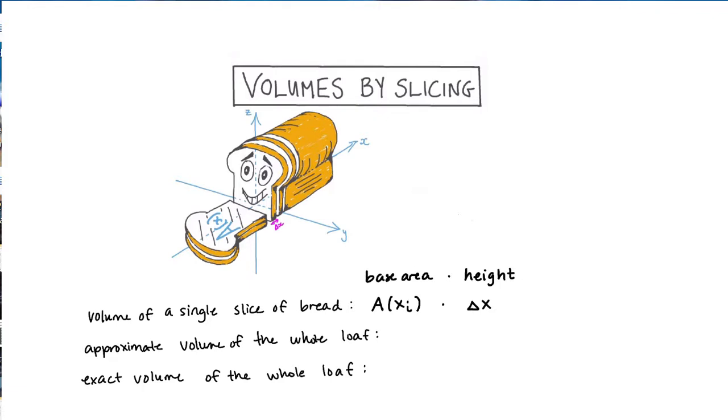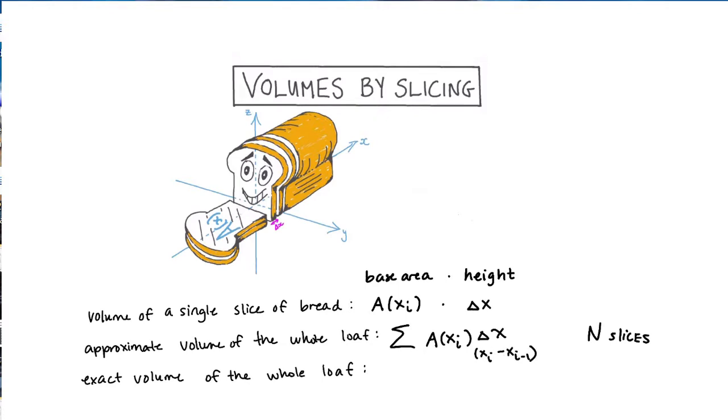Okay, so then if we wanted to approximate the volume of the whole loaf, well, we're going to repeat this process, but we're going to add up the volumes of the slices. So using our sigma notation and noting that if we have big N slices, we are going to be computing A of x sub i times delta x, which is, like we learned last time, x sub i minus x sub i minus 1.